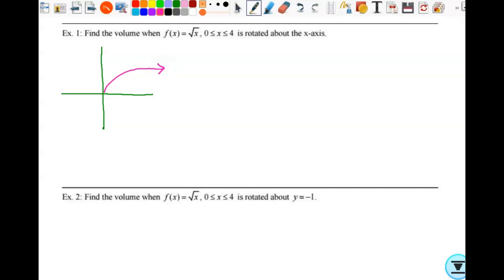We're going from 0 to 4. This is 0. We can say 4 is right here. So this is what we're revolving. Okay. We're going to revolve this around the x-axis. So this is my axis of revolution. That shows that you're revolving, right?